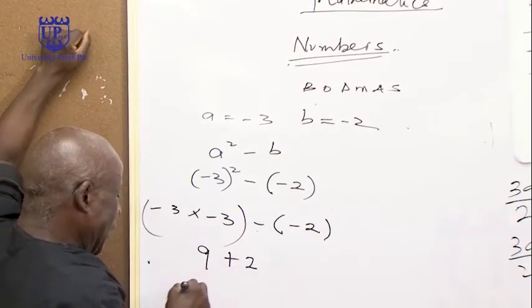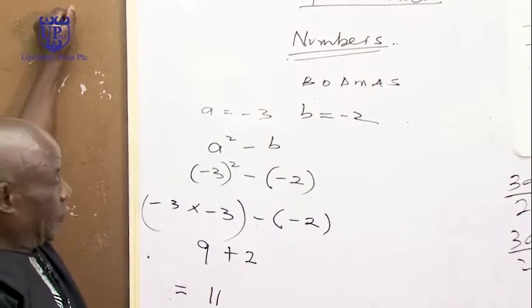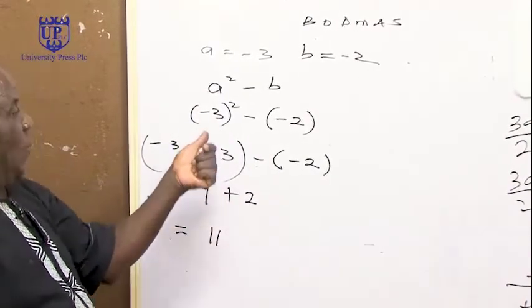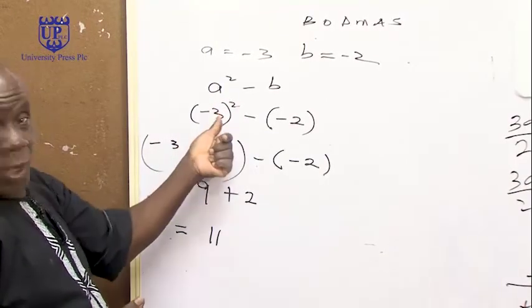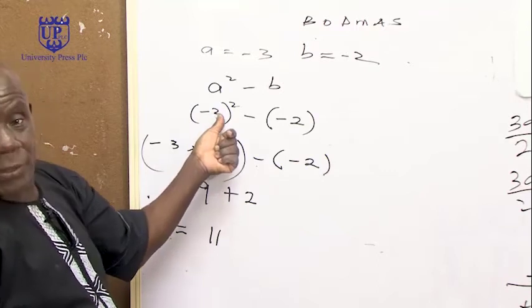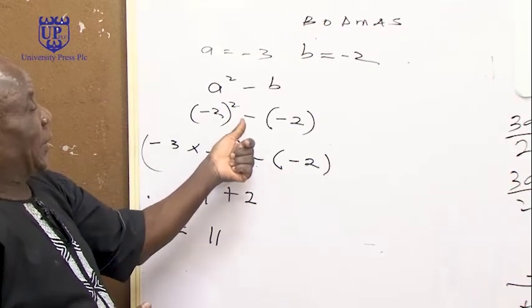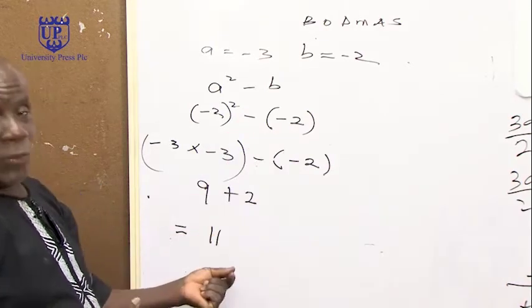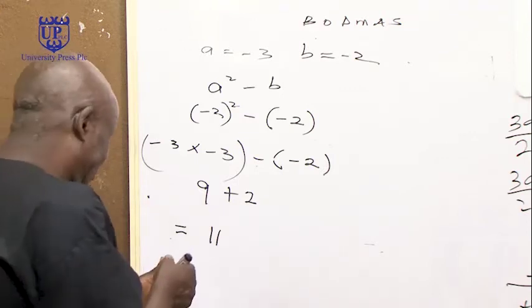So this one is 11. They want to find out whether you know that this is minus 3 all squared and you won't get minus 6, because the majority of the candidates will get minus 6. And they also want to find out that this is minus 2, which is a positive number, and the two are added.